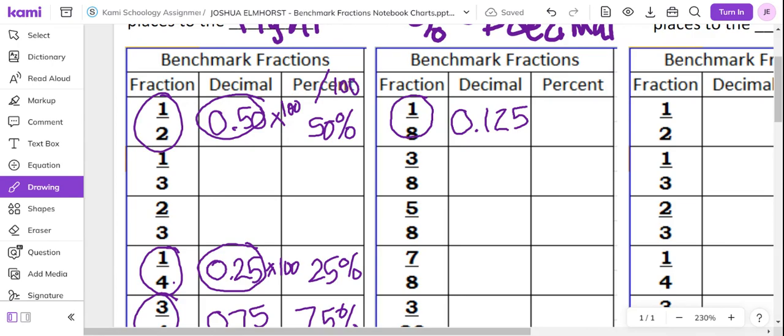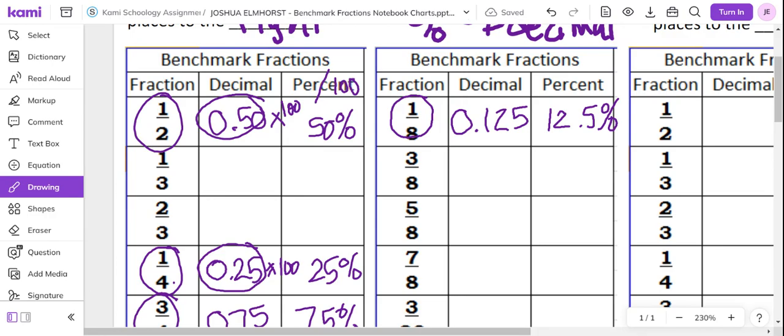Well, if we're dividing 25 cents by 2, then we're going to end up with 0.125. So we can actually do 1/8. If we keep dividing by 2, it's going to break it down into quarters and then half of a quarter, which is an 1/8. So what's half of 25%? 12.5.